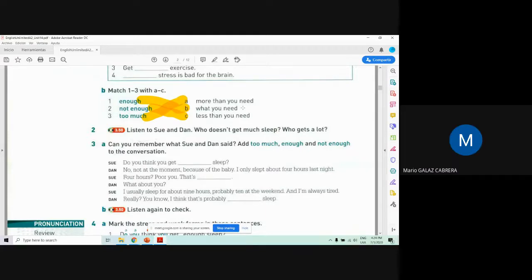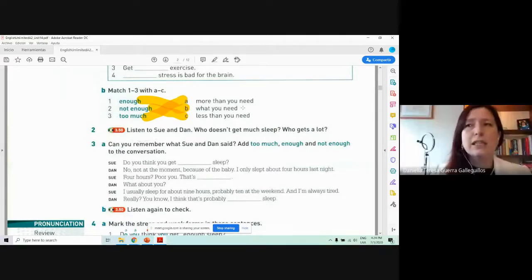Not enough, si lo haces negativo, y tú dices, there isn't enough fruit in the house, no hay suficiente fruta en la casa, tú estás diciendo que hay menos, less than you need, menos de la necesaria. Si dices, there is too much fruit in the house, hay demasiada fruta en la casa, estás diciendo que tienes más de lo que necesitas. ¿Se entiende?